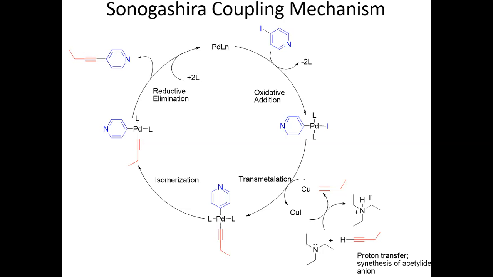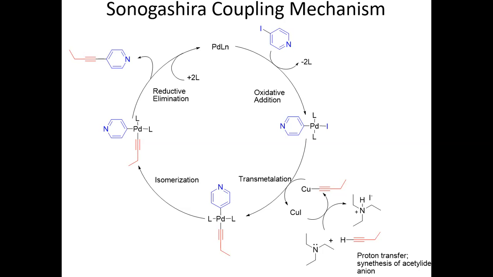All right. This is interesting too because if you remember when we were talking about cuprates, a triple bond attached to copper is really slow at being transferred, right? It has a slow rate of transfer compared to the others because of the back bonding with that triple bond and copper.